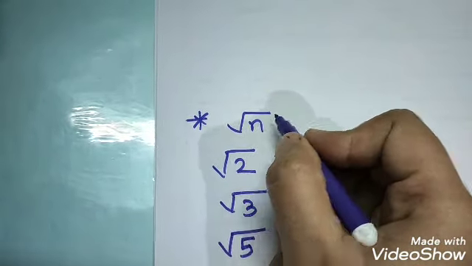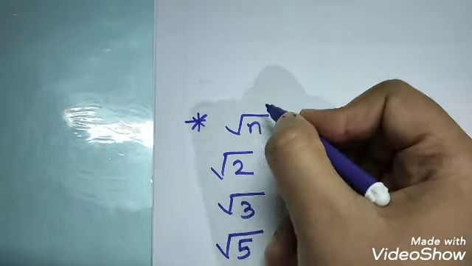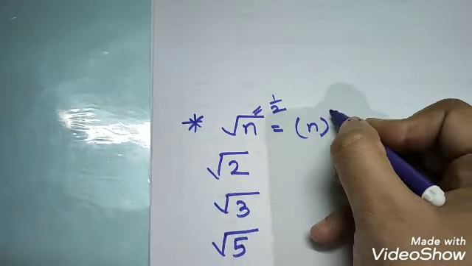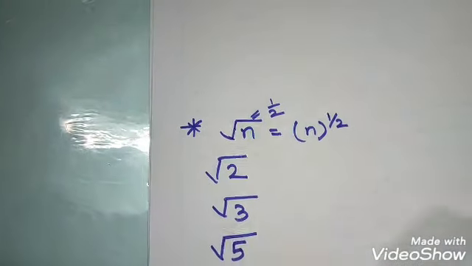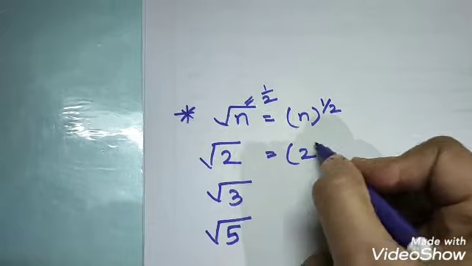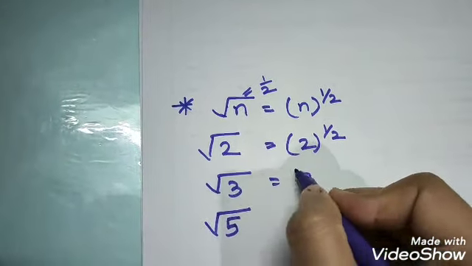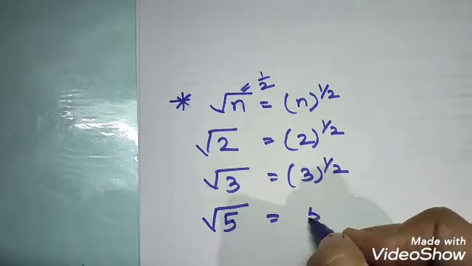The square root of n is also written as n to the power 1 by 2. That means n to the power 1 by 2 means we are saying square root of n. Similarly, square root of 2 can be written as 2 to the power 1 by 2, and similarly for 3 and for 5.